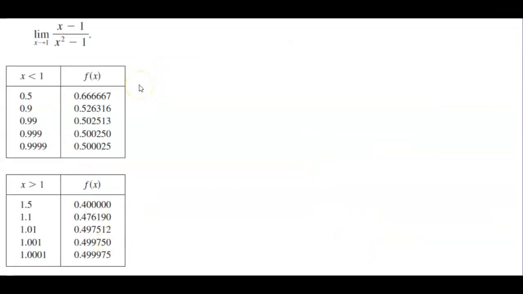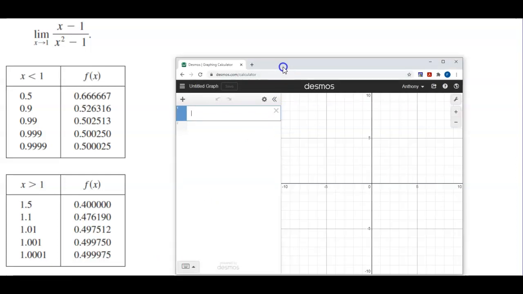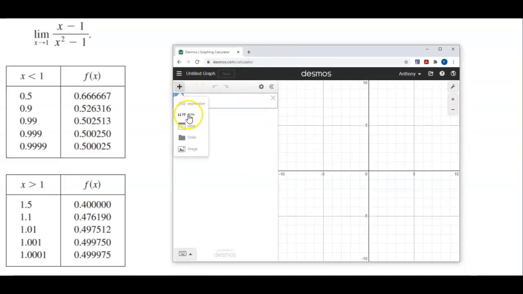I also want to show you how you can use Desmos to create this table instead of using the TI-83 or 84. So here we're going to select table, and then we have our column which represents x. Then we need to change the y column and type in the actual function according to x.